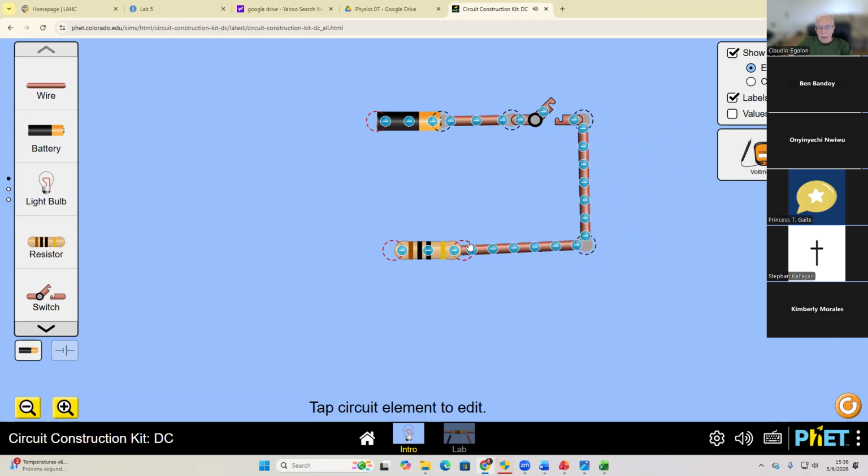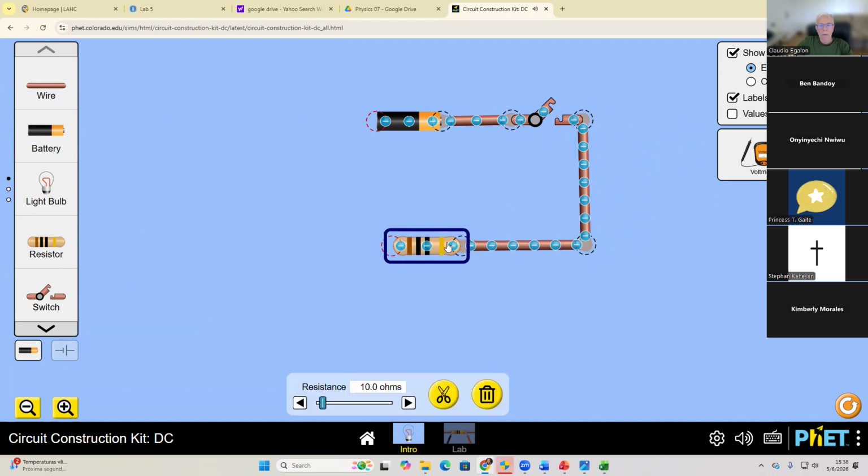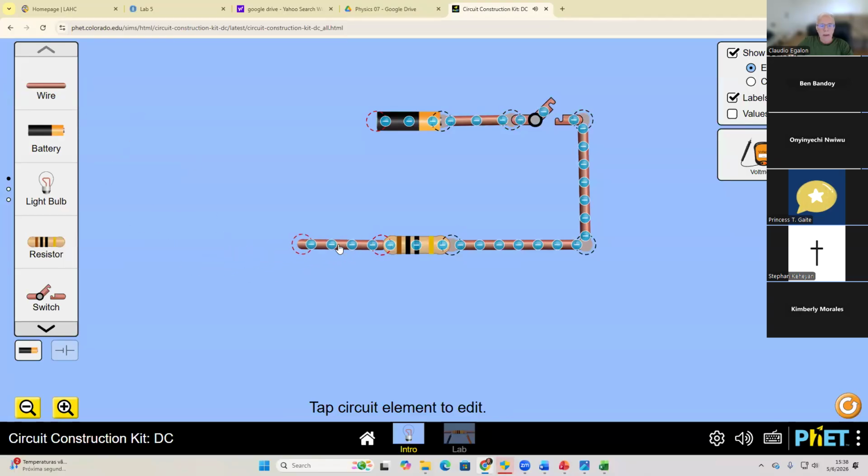Let us close the circuit. Right? One resistor, another resistor.